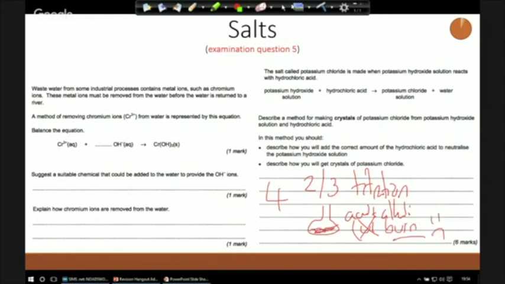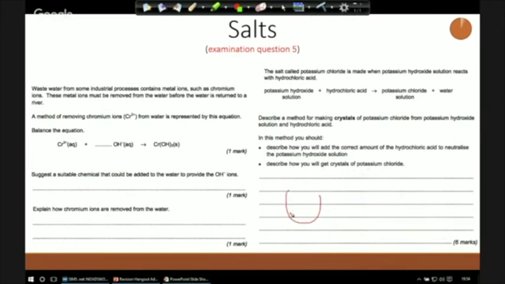And then finally, when we've got all of it, allowing it to crystallize by heating with a Bunsen or letting it dry out by the sun.